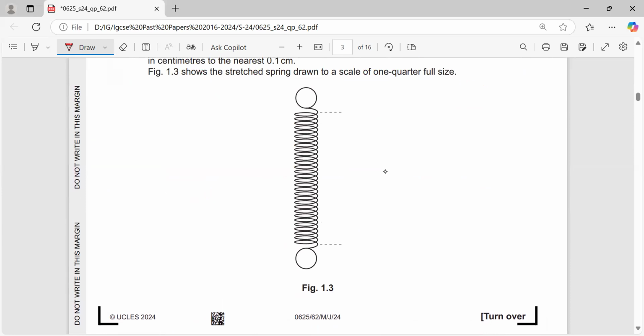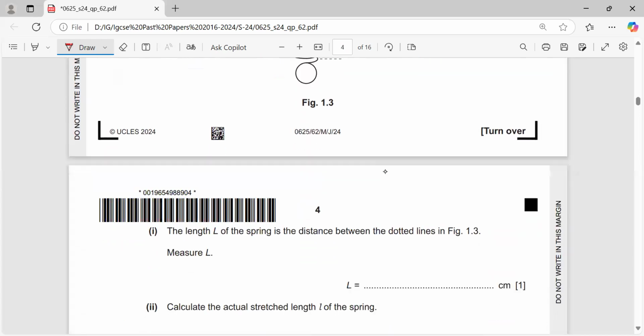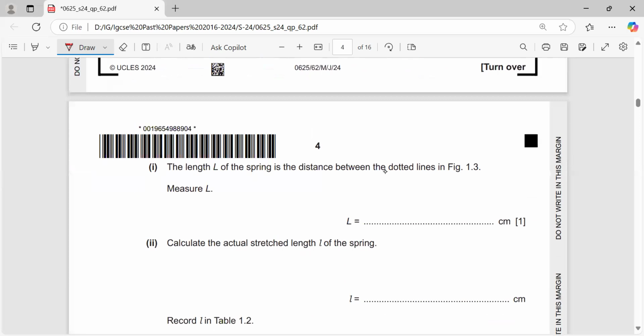So for me, if I'm measuring, the answer is coming almost 6.5. It is of course more, and anybody can open the mark scheme and let me know the answer. Okay, wait a minute. It is 6.5 centimeters, but it is more. Okay, no problem, let's go with this.